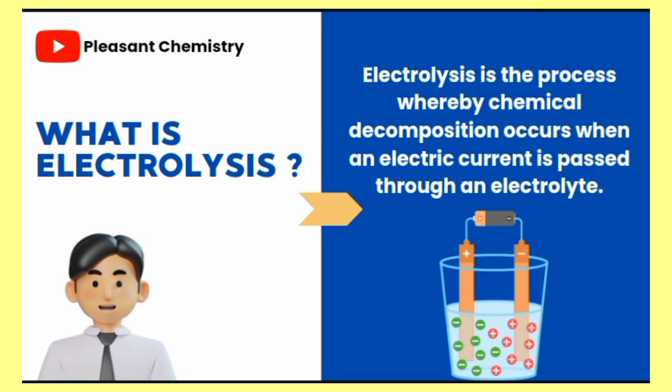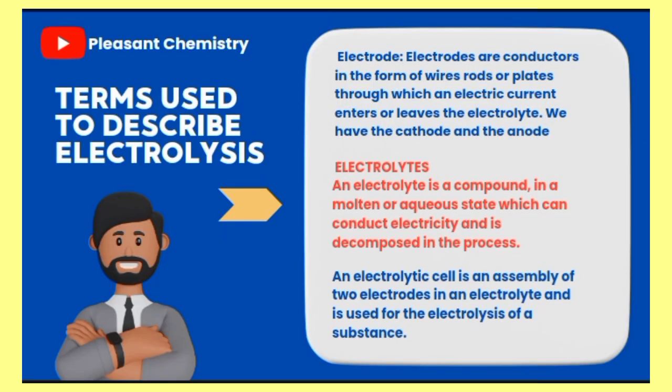If you look at the diagram in the note, you will see something that looks like a bucket, and then you will see two different charges in the bucket. The different charges you are observing there are the chemical, and that chemical is regarded as the electrolyte. Then we have the battery. The battery is the one that aided the decomposition of that chemical we call the electrolyte.